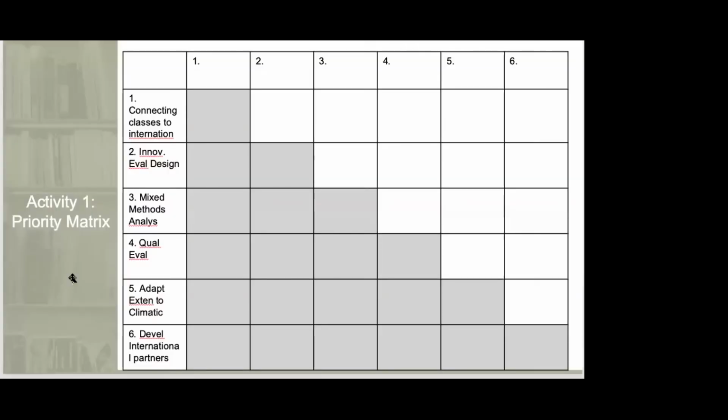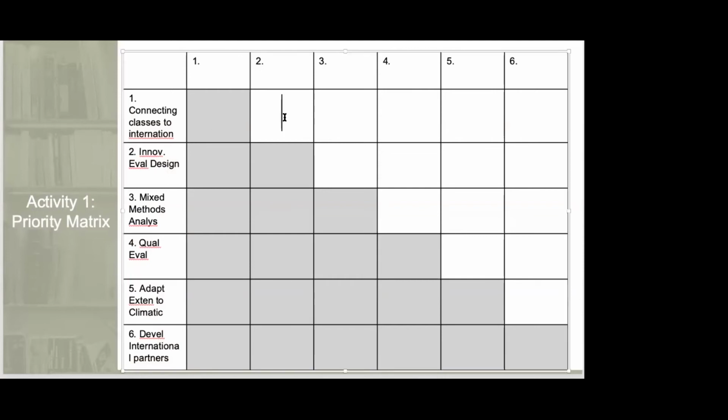What the priority matrix allows us to do is to ask community members to do pairwise ranking, because that's often a more manageable question than taking a long list of proposed priorities and ranking them. Comparing 1 to 2 is much easier than trying to rank that long list.